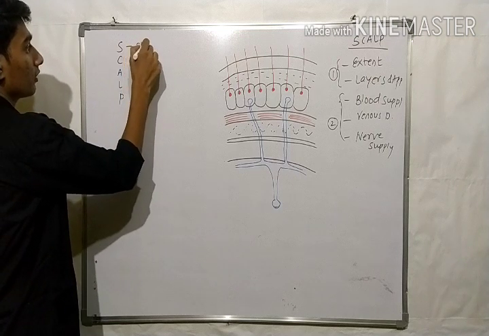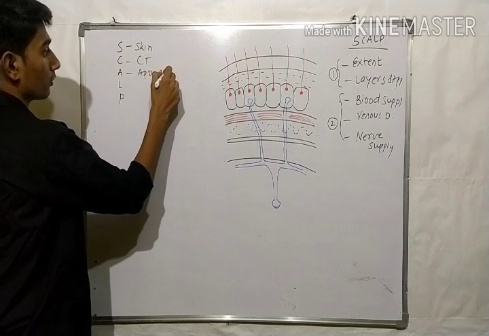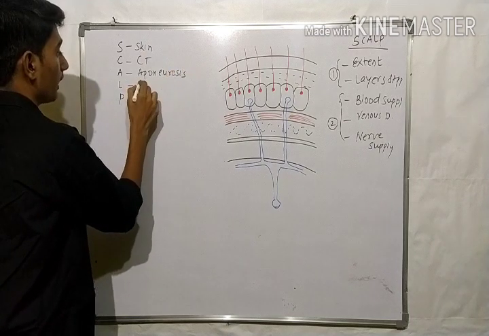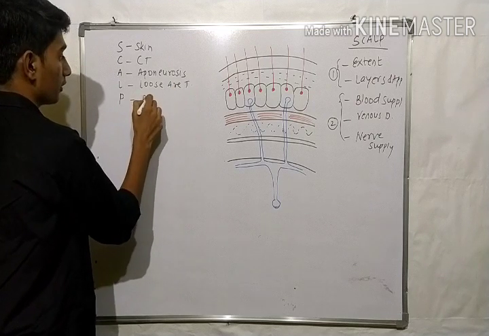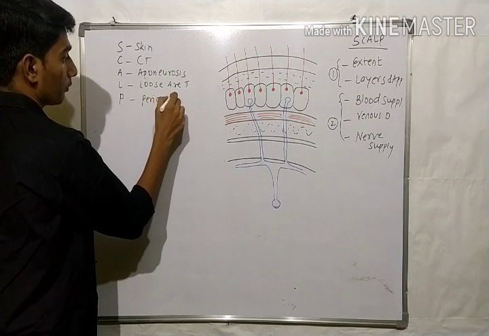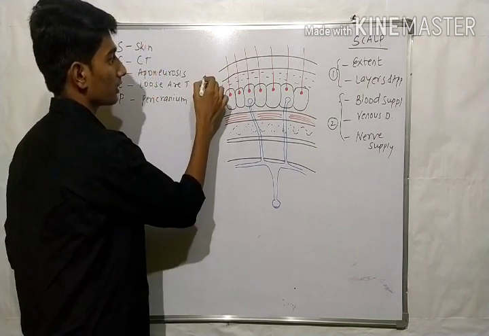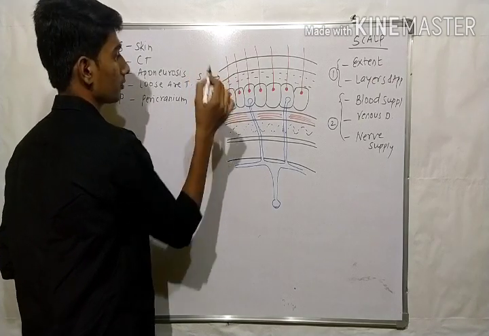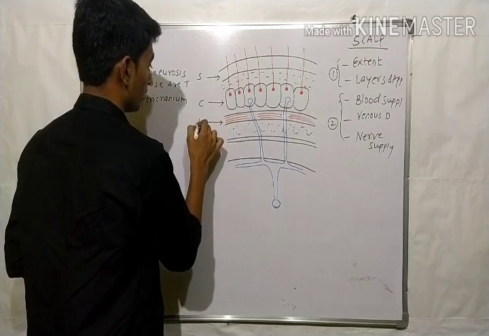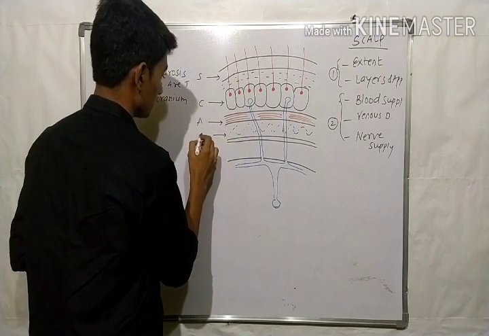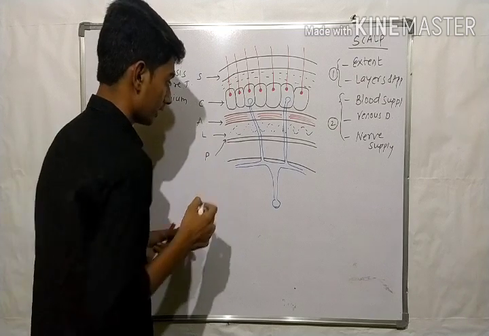S is skin, C is connective tissue, A is aponeurosis, L is loose areolar tissue, and P is pericranium. So first is skin, then connective tissue, then aponeurosis, then loose areolar tissue, and last is pericranium.